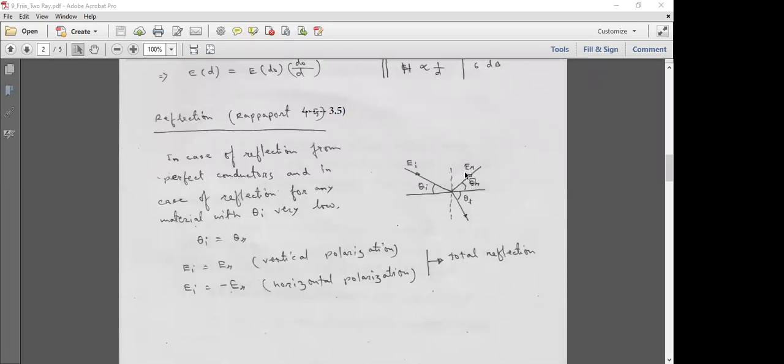If it is upwards, after reflection it is also upwards. But if we have a horizontal polarization, then there will be a change of angle by 180 degrees. If it was upward here, after reflection it will be downward.